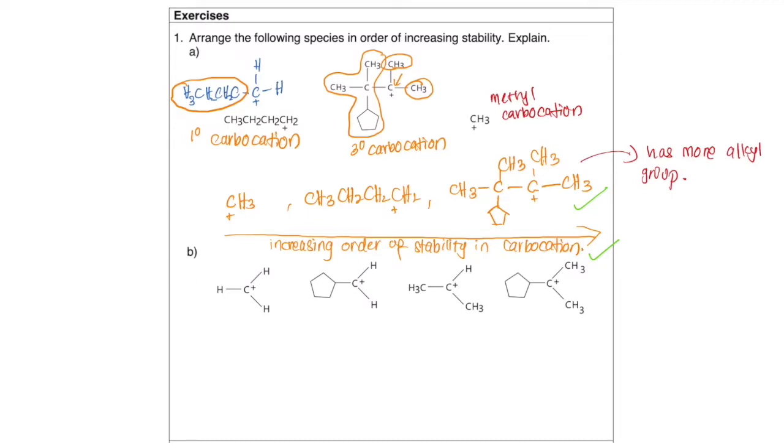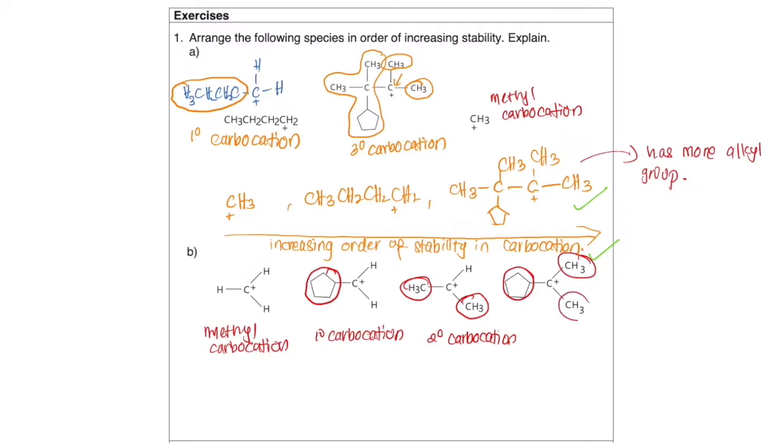Now let's take a look at B. If we classify, this is methyl carbocation. This one cuma ada satu alkyl group, so this is primary carbocation. This one has 1, 2, so this is secondary carbocation. This one ada 1, 2, 3, so this is tertiary carbocation.